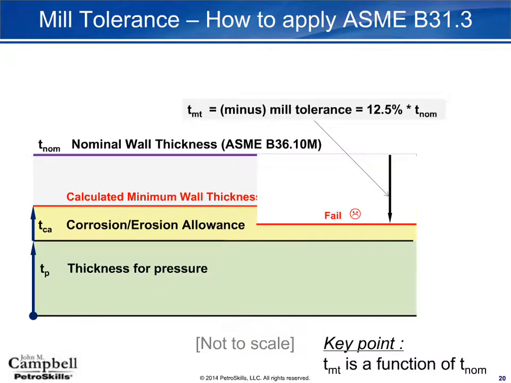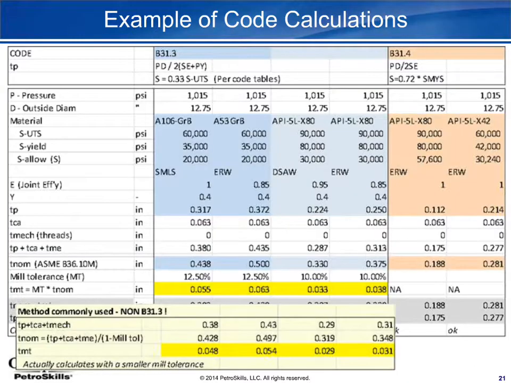The next chart is where I've just run some code calculations, actually last week in a training session in Korea. The section in blue is B31.3 calculations, and the section in red is B31.4 calculations, liquid pipelines.